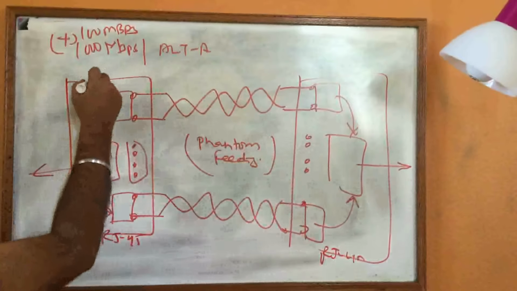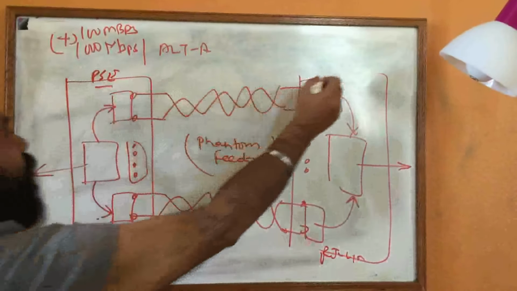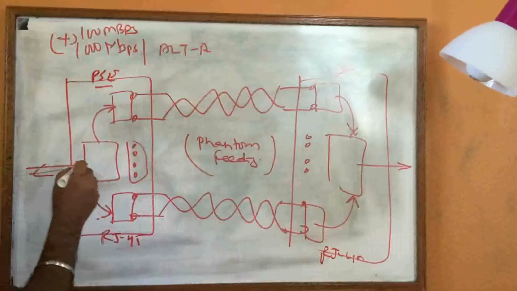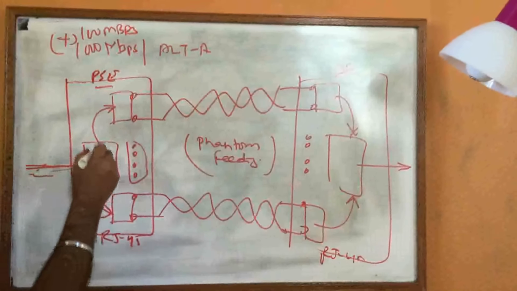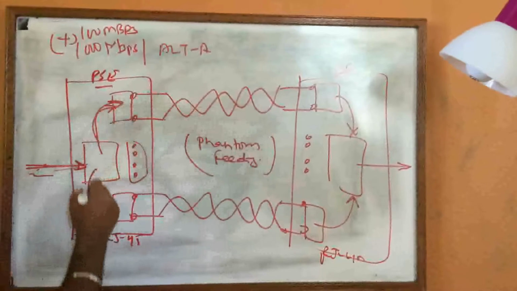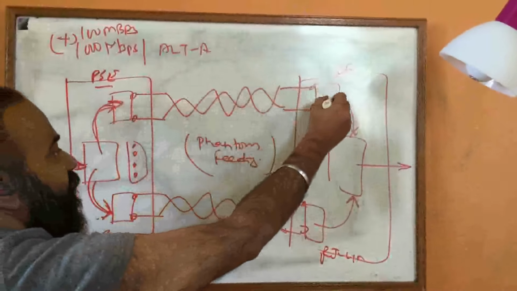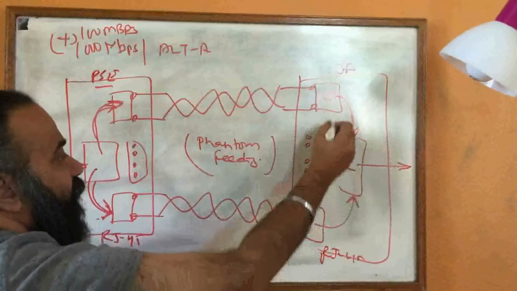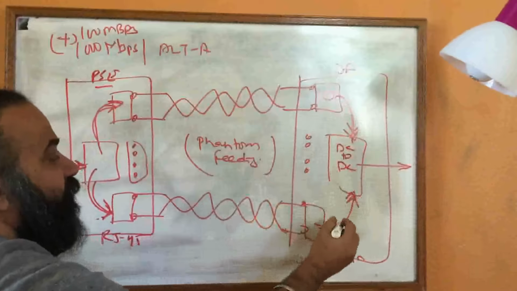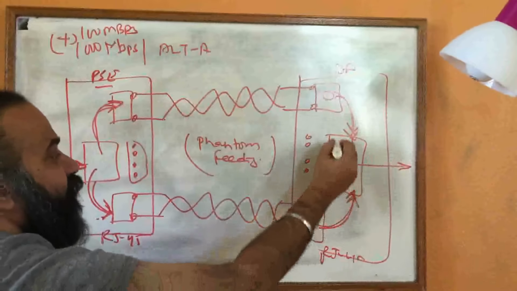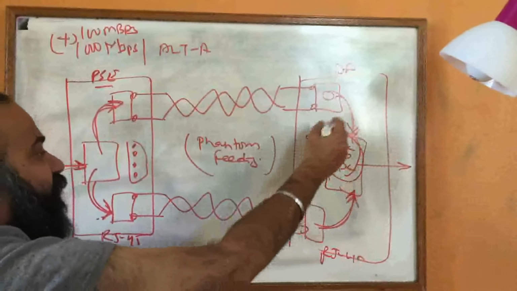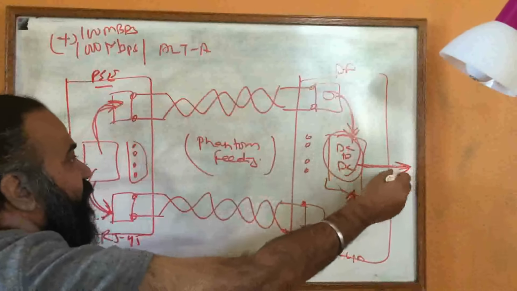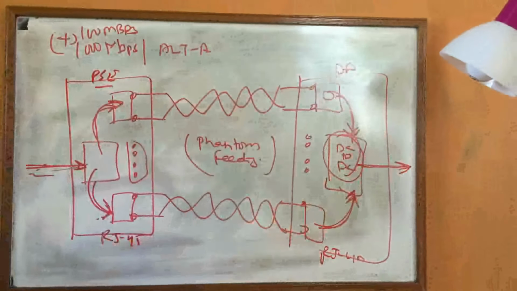This is PSE, power sourcing equipment, and this is power device. Here the power is given to this device, and this power is transferred to the data pairs itself. On the other end, this power is fed into a box or a device. It's not relevant here, and this is used to power the device, like an access point here.